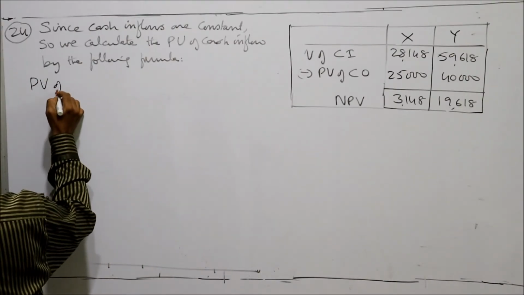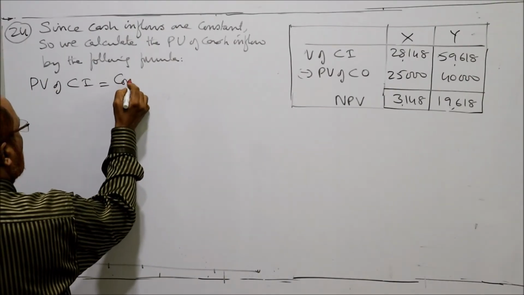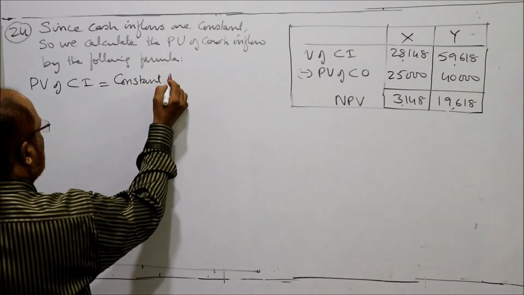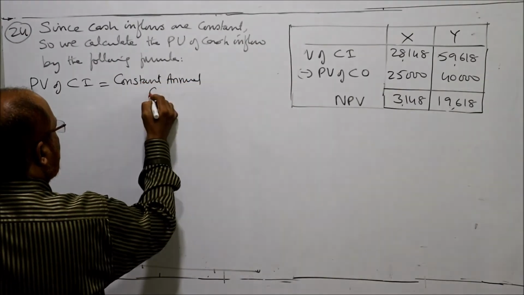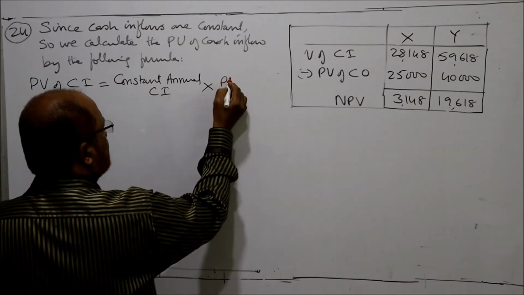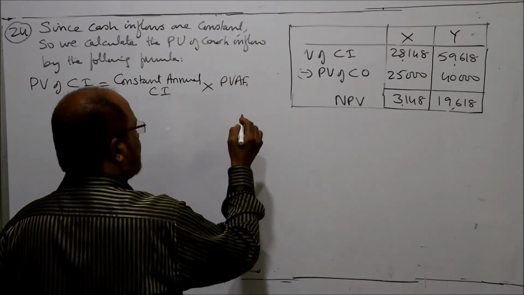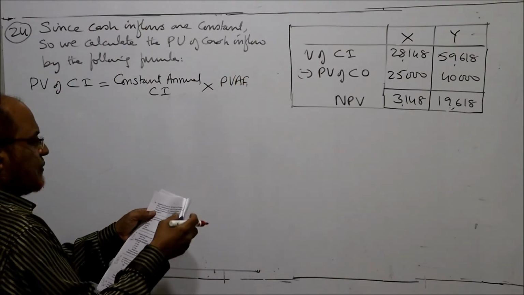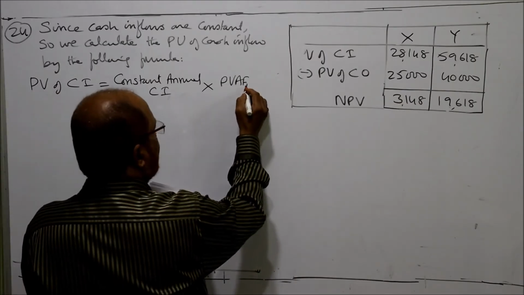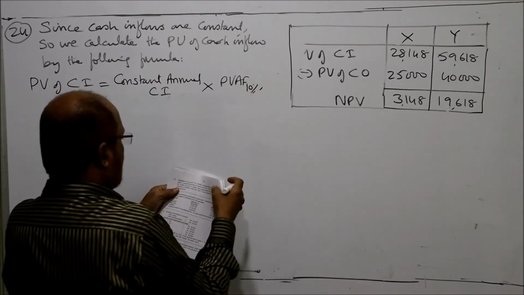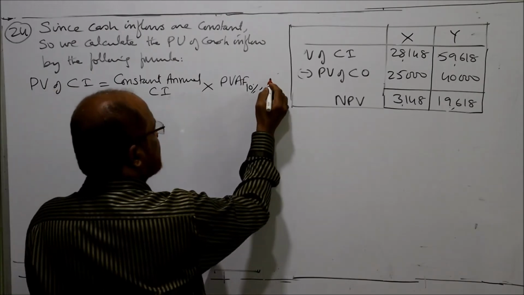By using the following formula, we can find out PV of cash inflow. So PV of cash inflow is equal to constant annual cash inflow into PV of annuity factor at the rate of, what is the rate? 10%. For how many years? 6 years.